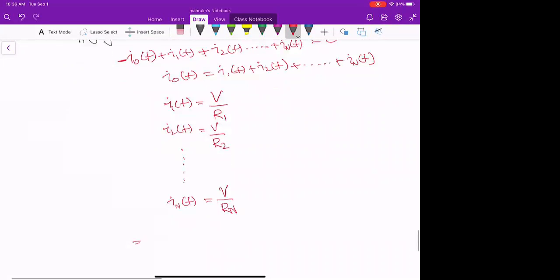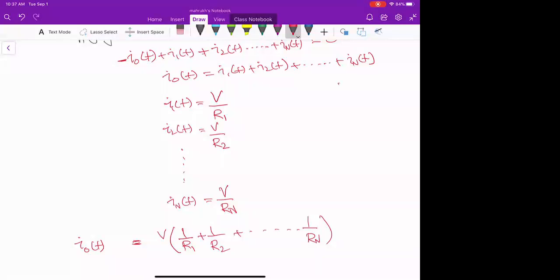So if I replace I naught of t, which is the source, and replace all these here, V is common, we can take it out: 1 over R1, 1 over R2, 1 over Rn.